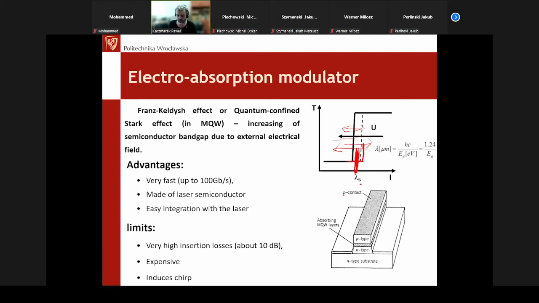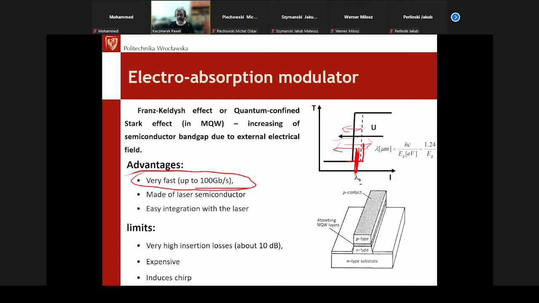The huge advantage is that this phenomenon is extremely fast. We can have up to 100 gigabits per second, or even higher right now, because I made this slide a couple of years ago. Right now, the record values are much bigger. They can be integrated with this laser, and typically they are integrated.